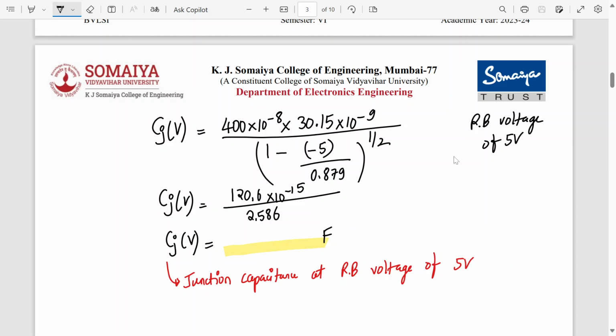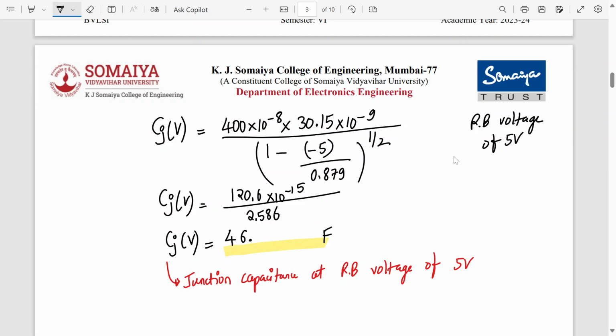Evaluate this and let me know what you get in the calculator. What is the answer? 46.6, so you write it in terms of 10 raised to minus 15.